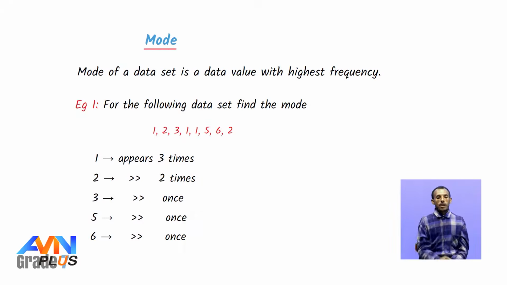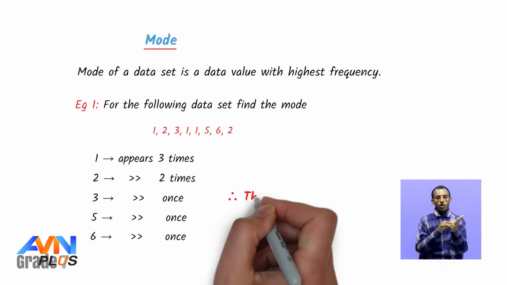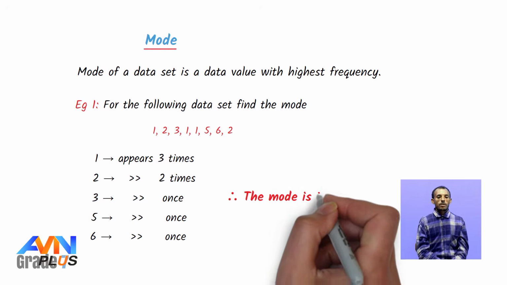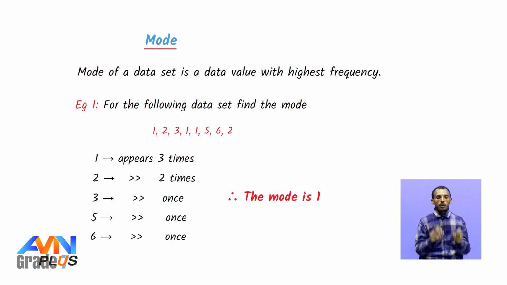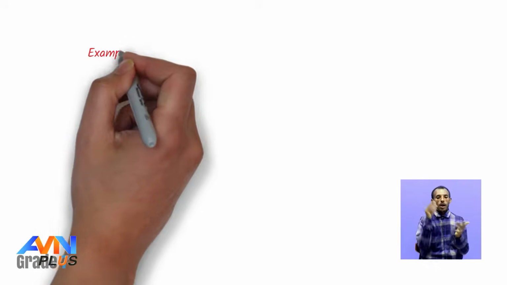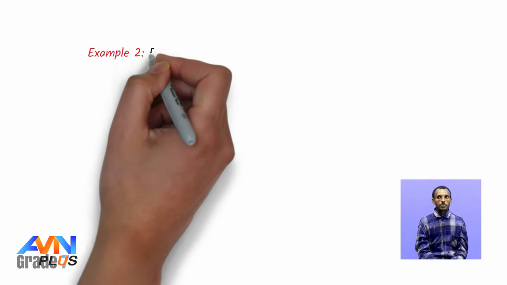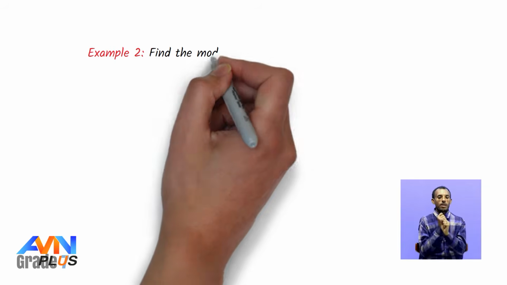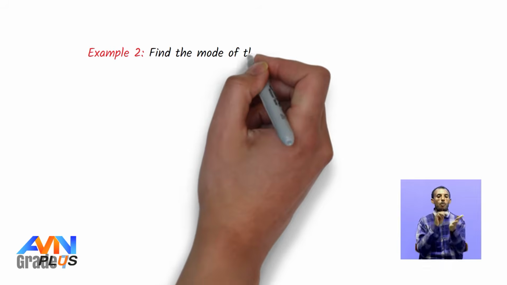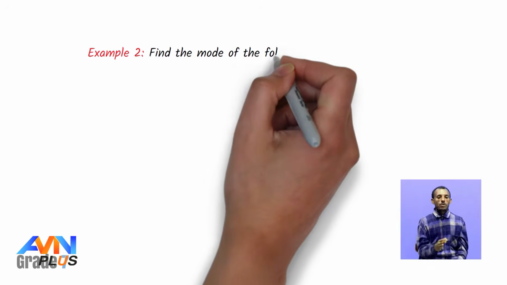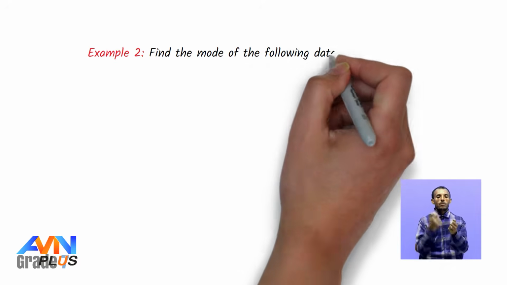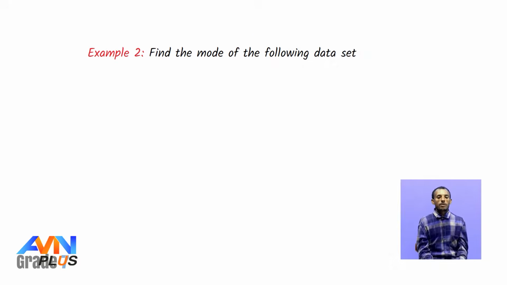Therefore, the mode of this data set is 1. Okay. Now let's try example 2. Again, find the mode of the following data set.